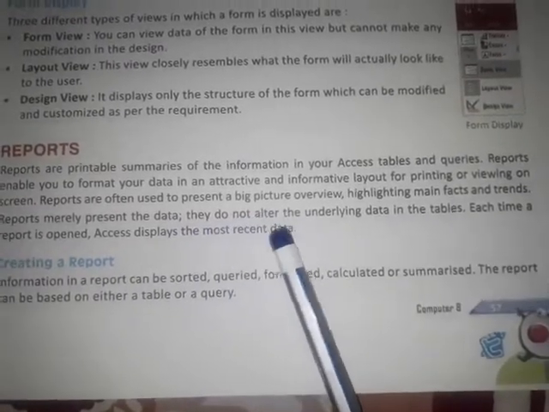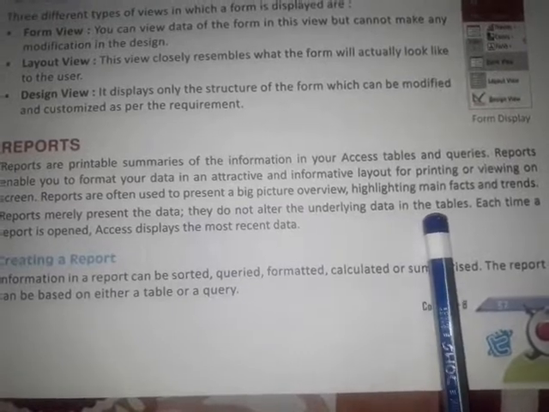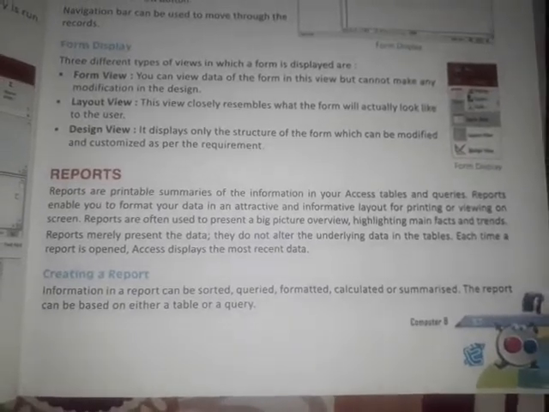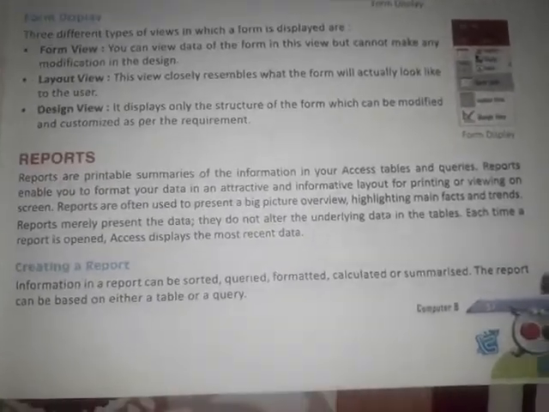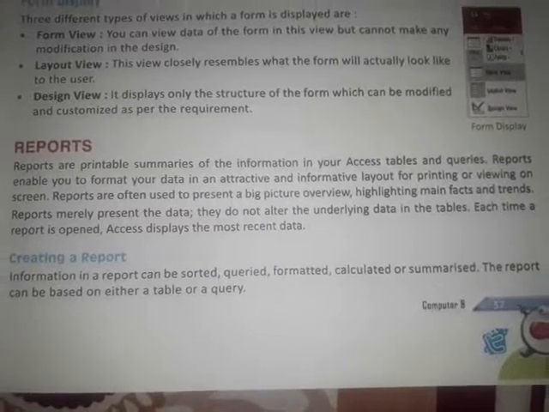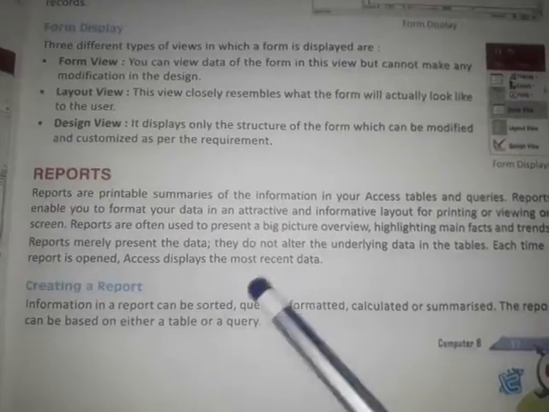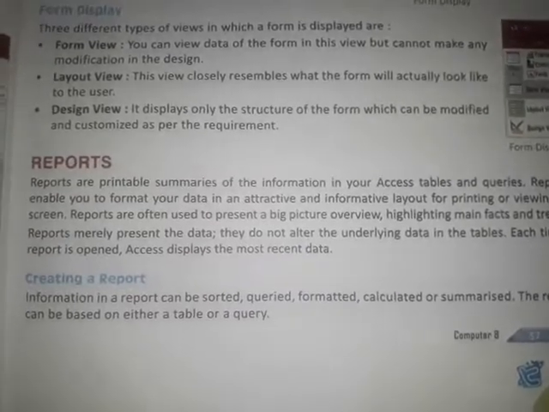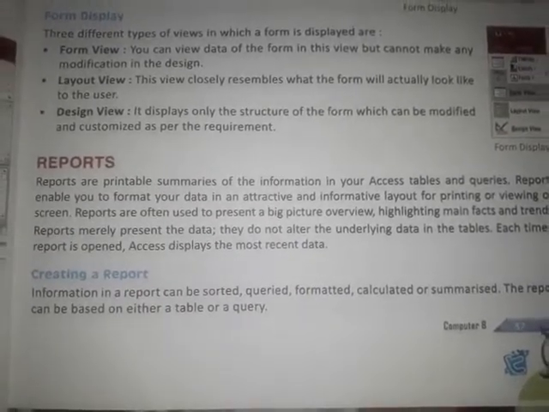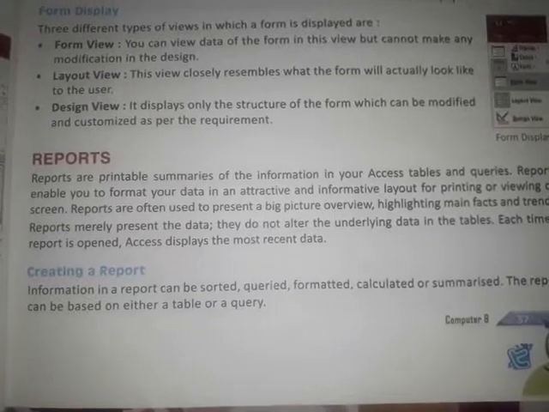They do not alter the underlying data in the tables. Reports generally only present the data, but it depends on your design capability how to display the data. Each time a report is opened, Access displays the most recent data. Whenever you open the report, it will display the recent data, whatever is stored in the table.